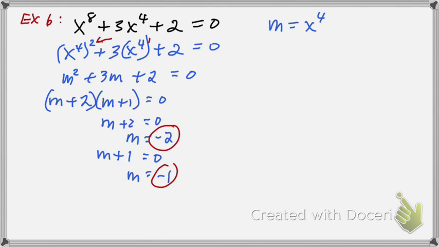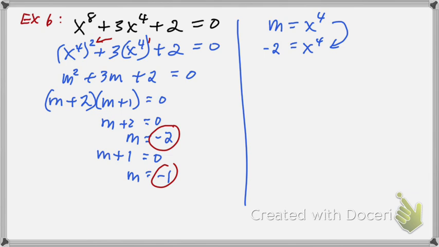I want x. So what I'm going to do is come over here and say, okay, I got m equals negative 2. That's my first possible solution. I'm going to put negative 2 here for m. That equals x to the fourth. I'm just plugging the negative 2 in there.